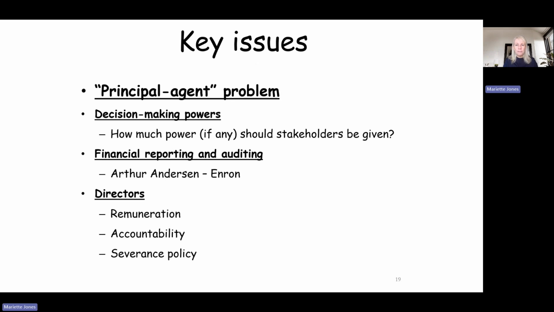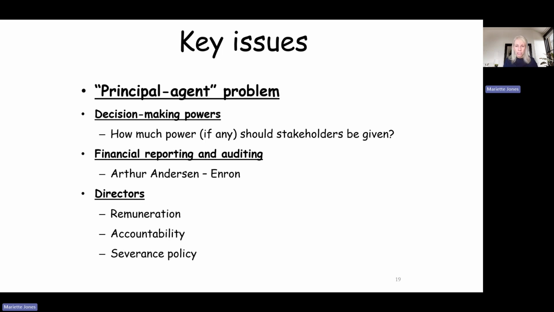Some major corporate governance challenges include the following. Firstly, the principal-agent problem. In corporate governance, this problem arises because the owners of the company, that means the principals, the shareholders, or the members, these owners of the company delegate the day-to-day control to the managers or directors of the company, which are the agents of the company.